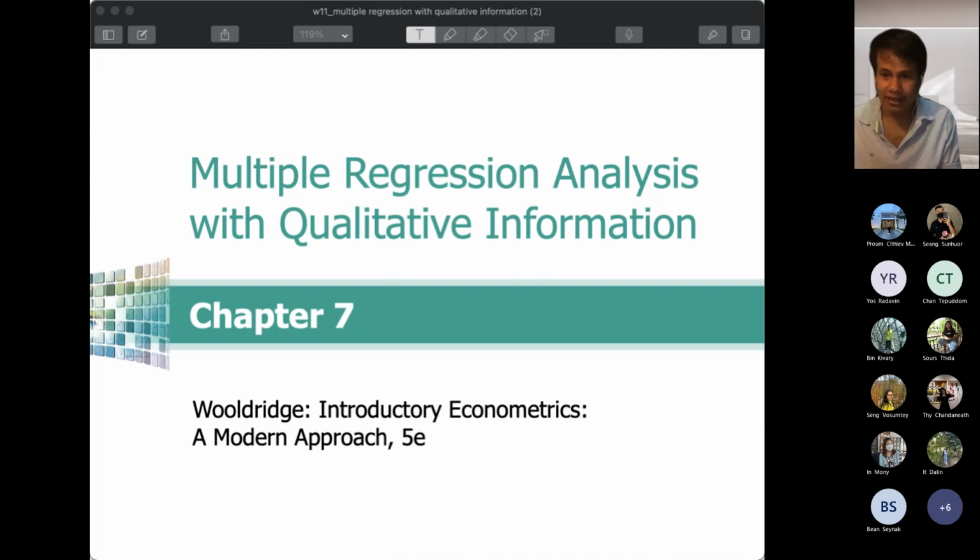If it is higher than 10, you need to make a decision to drop one of the independent variables. But if you drop one, it may result in omitted variable bias. You need to trade off. But if you have a small sample size, there is a small chance that you might have multicollinearity.